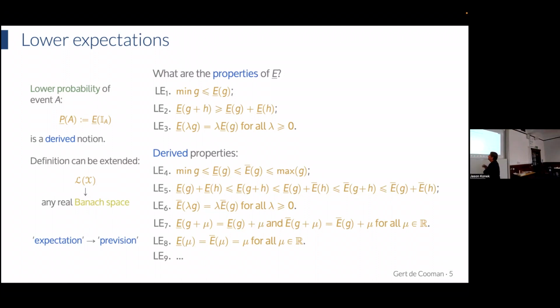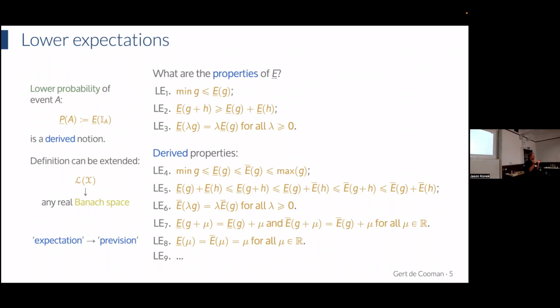De Finetti already had this idea for precise probabilities. He extended the notion of the expectation operator to, I think, Fréchet spaces in general, and he already noted that in such spaces there are not necessarily events.